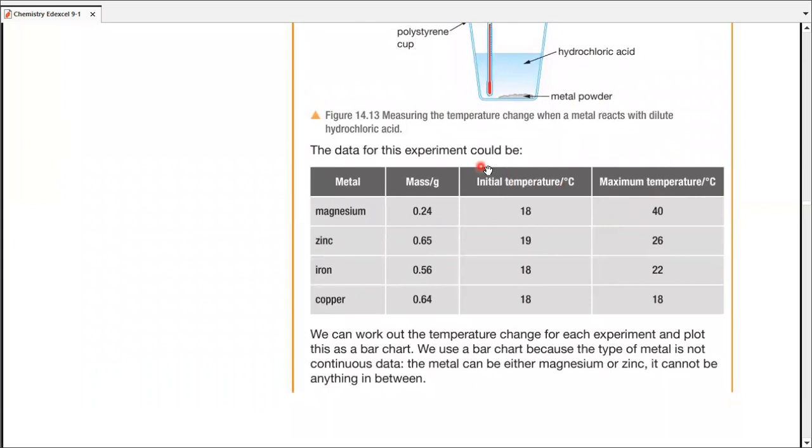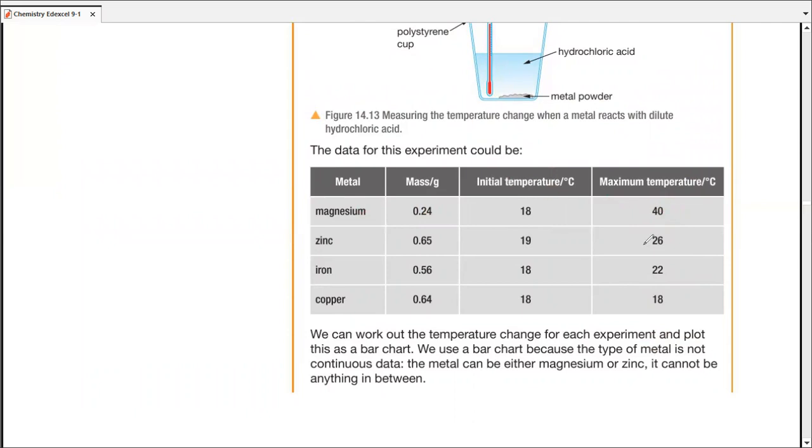Notice that the data of this experiment could be this much amount of magnesium with this initial temperature went to this maximum temperature, and similarly for zinc, for iron, for copper. Now notice the maximum temperature is something that you can relate to. The most reactive metal goes to as high a temperature change as possible.